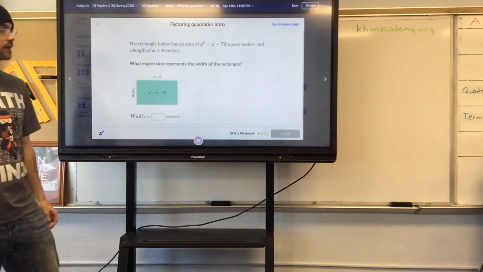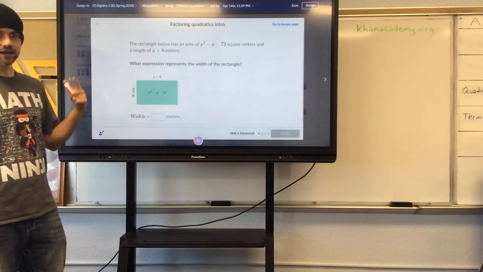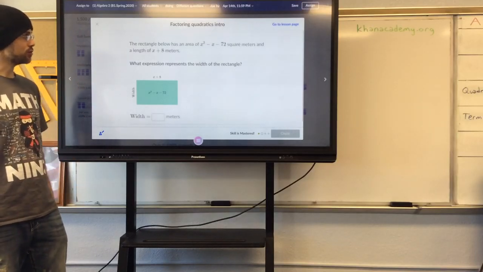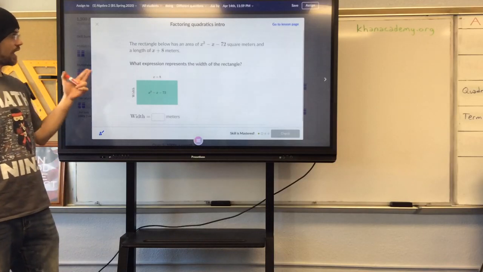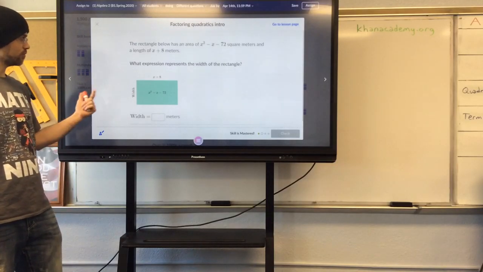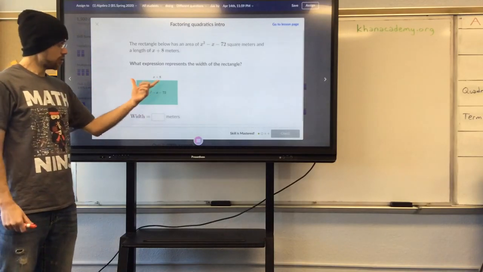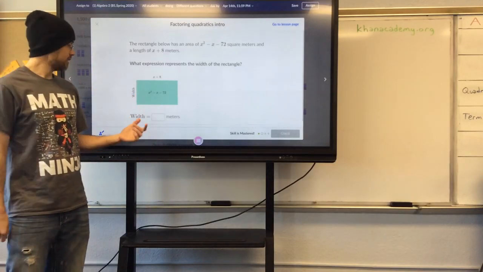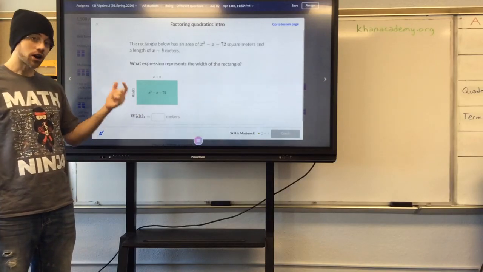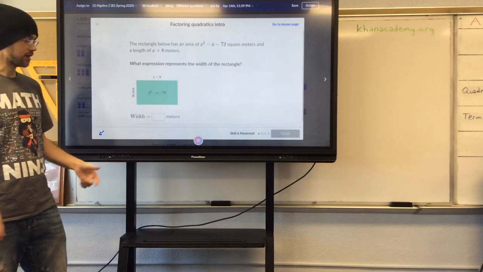This problem, the rectangle below has an area of x squared minus x minus 72 square meters and a length of x plus 8 meters. What expression represents the width of the rectangle? So they gave us the area and one dimension. We know that the area is the product of the width times the length in a rectangle.